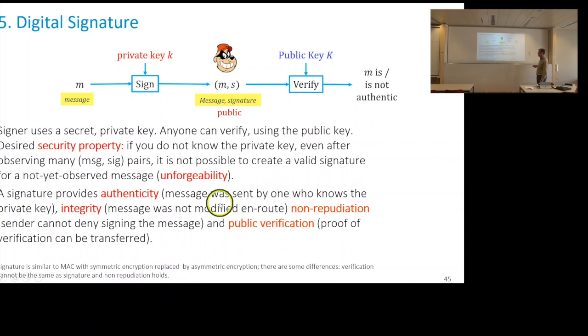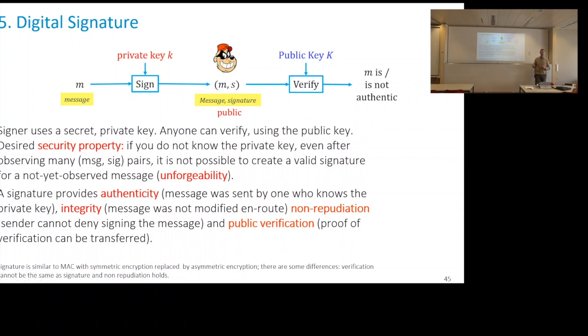It can also be used to provide what is called non-repudiation. M cannot say that it did not sign the message, at least as long as we believe cryptography works, because the only one who has a private key is M, so everybody can see the message, everybody can verify it, so the public knows that M sent this message.